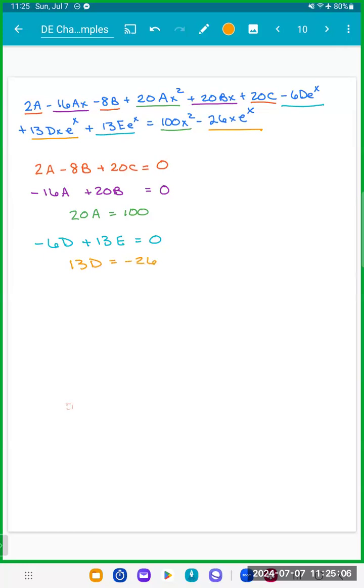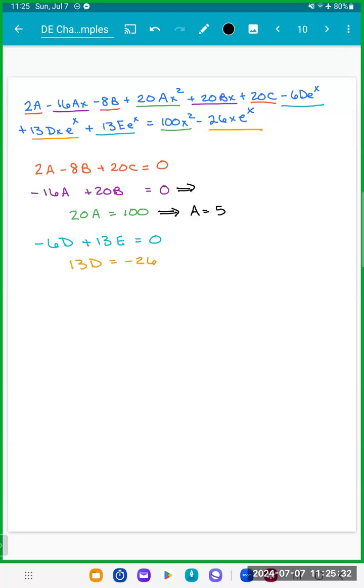Okay. So now, based on these equations, we can actually solve what is A, what is B, what is C, etc. So let's start with the easiest one. This one right here, we can solve and get that A is equal to 5, right? 100 divided by 20, A is equal to 5. We can then take that A and plug it in up here.